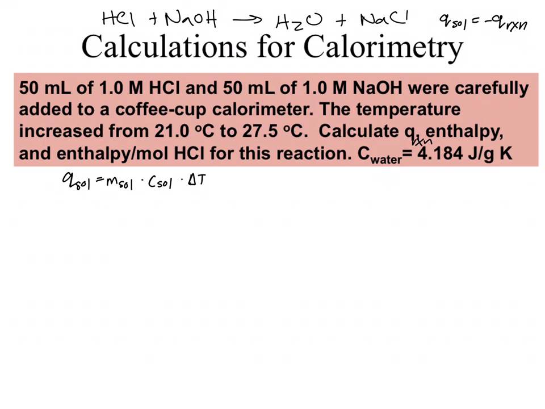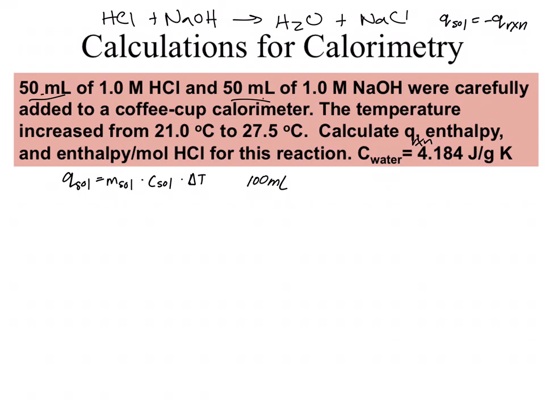First of all, guys, we are assuming that the 50 mL of each of the reactants basically sums to a total volume of 100 milliliters, because 50 and 50 give us 100 mL.